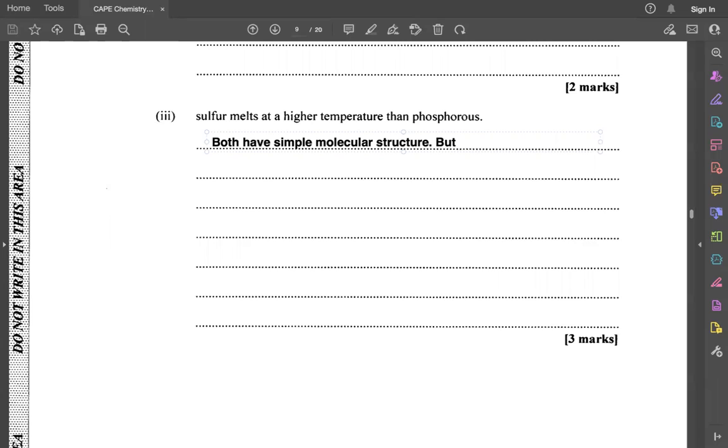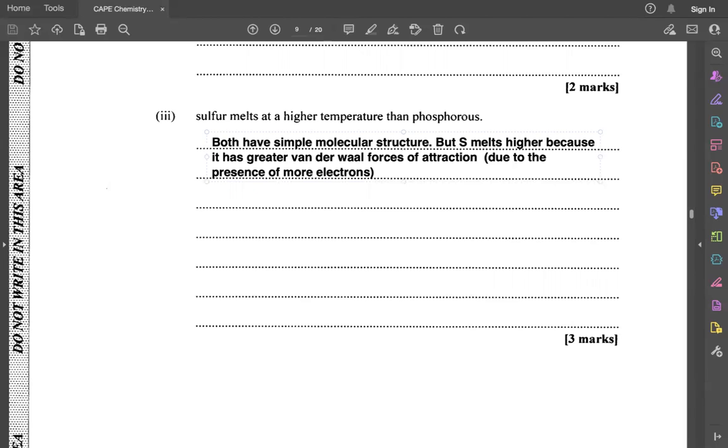But the difference is that S, sulfur, melts higher because it has greater van der Waals forces of attraction, and also I think most importantly here is that it has more points of contact between neighboring molecules.